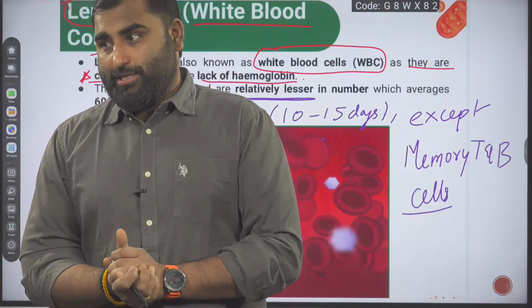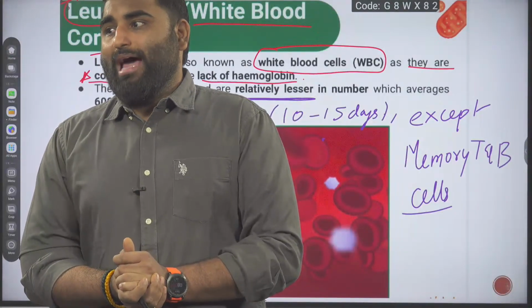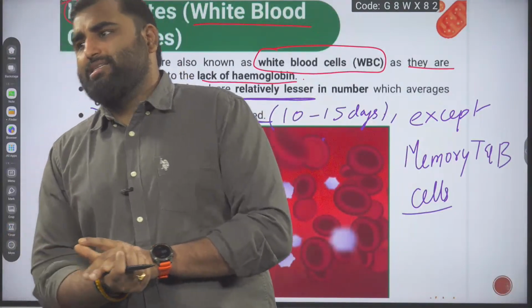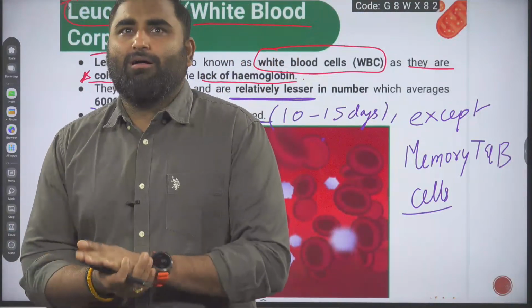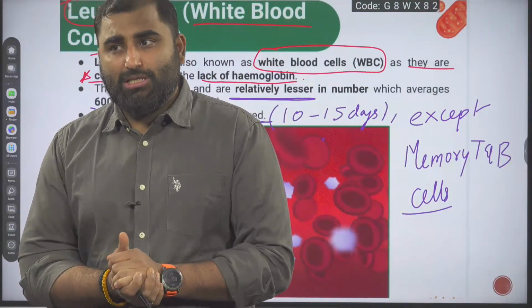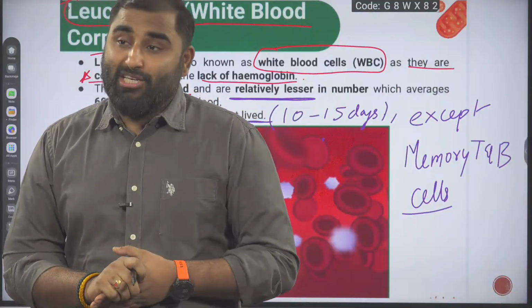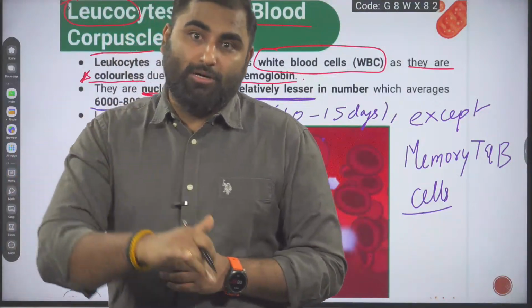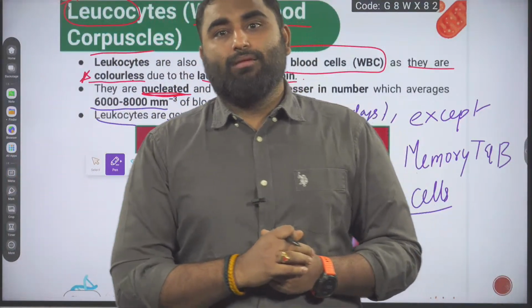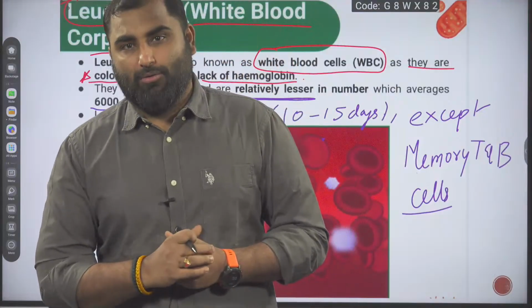Now my question, where is WBC formed? What happens when WBC count decreases? Yes, Shinchan, you are correct. In the case of bone marrow suppression, there is a disease where bone marrow suppression may occur, or there are some infections where the WBC count drops down.